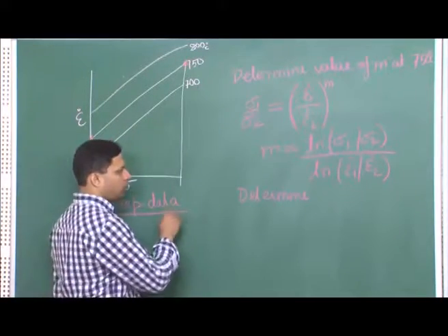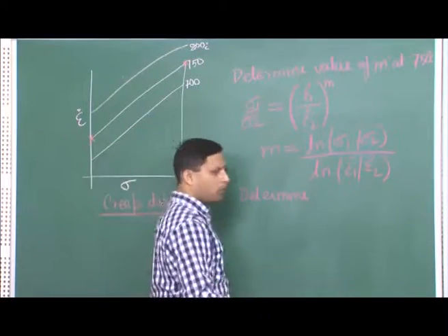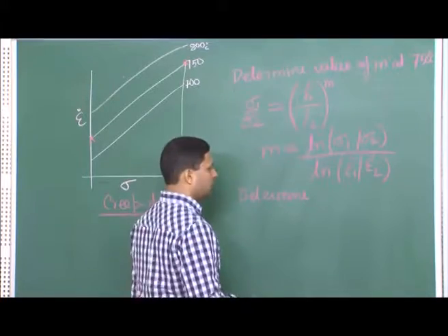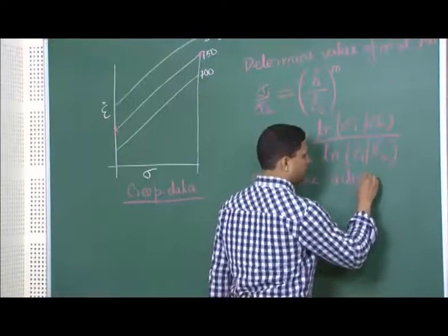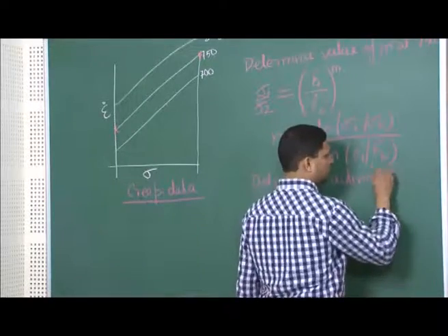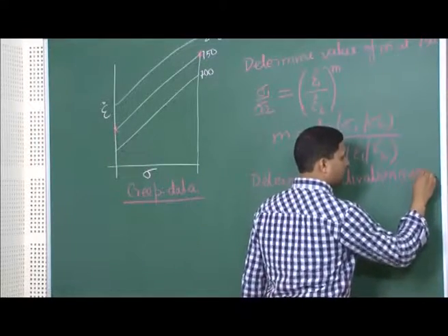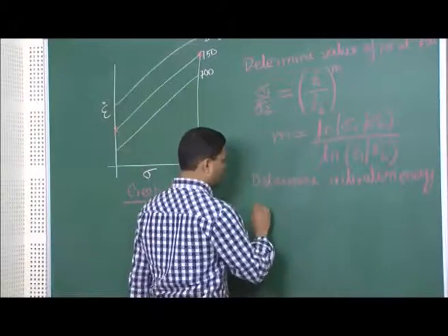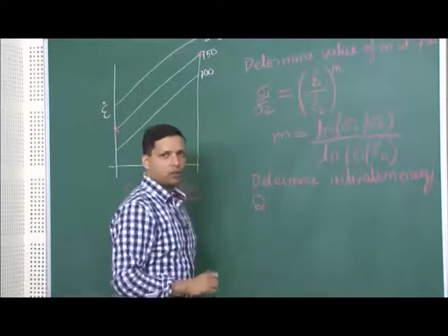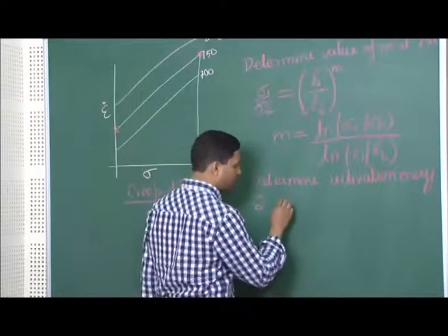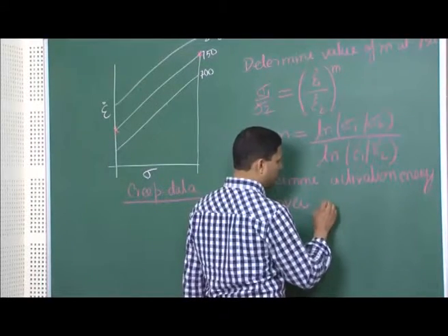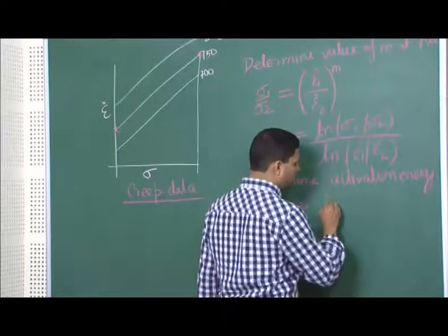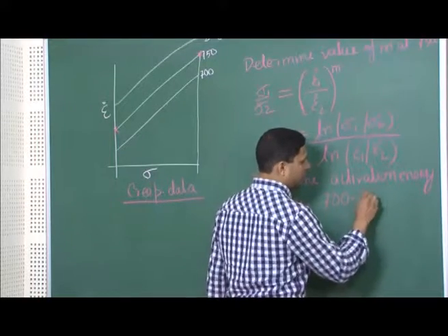Another thing that we can do from this data is, for example, someone asks you to determine activation energy Q. Now, this activation energy Q has to be calculated over a temperature range. So, you may be asked to calculate over temperature range 700 to 800.